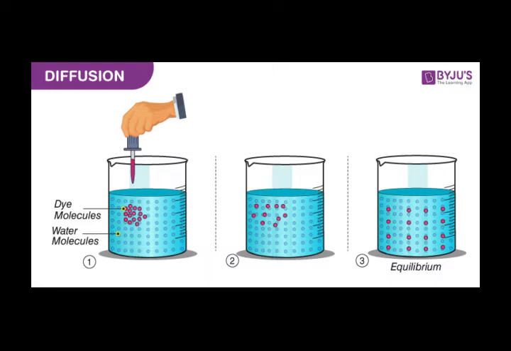So when you put a sugar cube or a small crystal of potassium permanganate and leave it for some time without stirring, you can see that it goes on dissolving, but very slowly, but it will dissolve at last. But if you take the help of a spoon, it will mingle very fast. So that is diffusion.